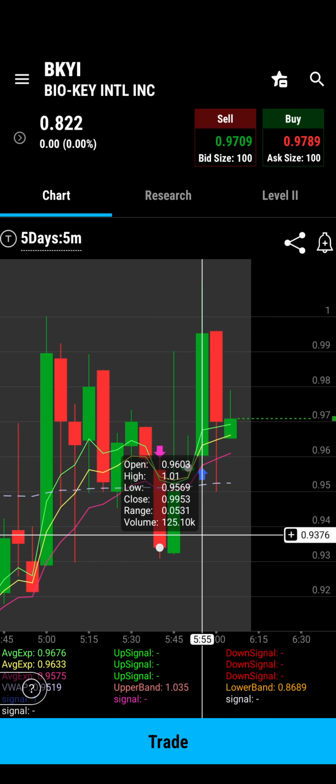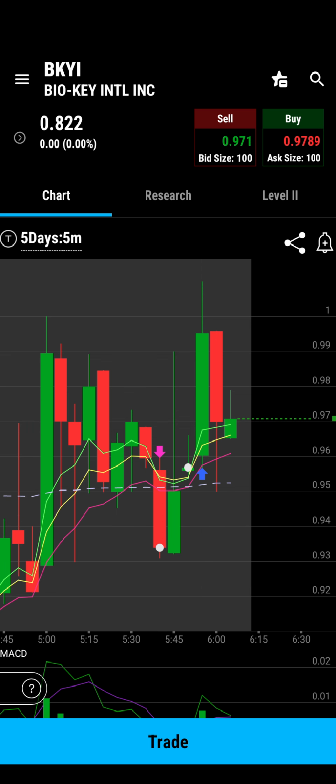So the high of that signal candle is 1.01. So as soon as we get a tick at 1.02 or higher, we're going to buy it. But that has to occur according to my rules that I've developed based on back testing. It has to occur within the following 2 bars after the signal. So on this current bar we're trading at right now, if this doesn't breach the high of that signal candle, then the signal is invalidated.